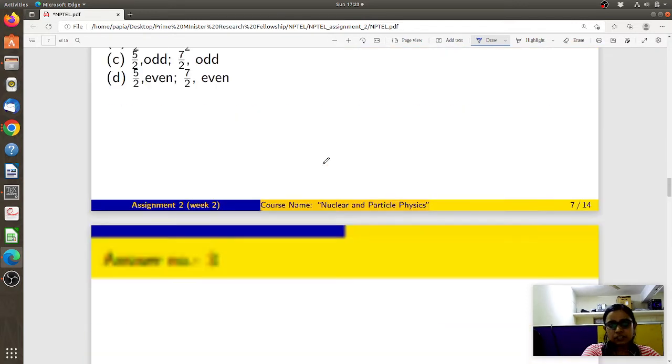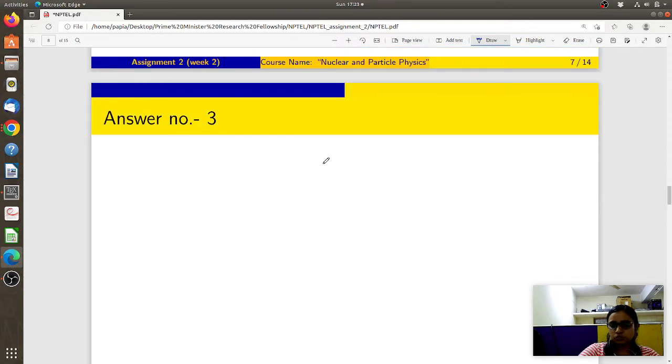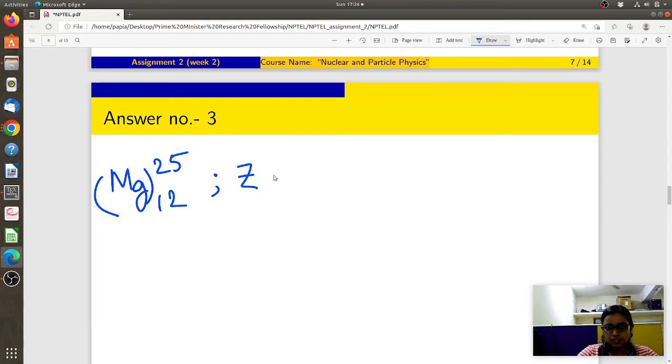So coming to the portion which I need. Here it is given magnesium-25. That means Z equals 12 and N equals 13. The 12 cannot give any contribution in the shell model nuclear property calculation; N equals 13 will give.